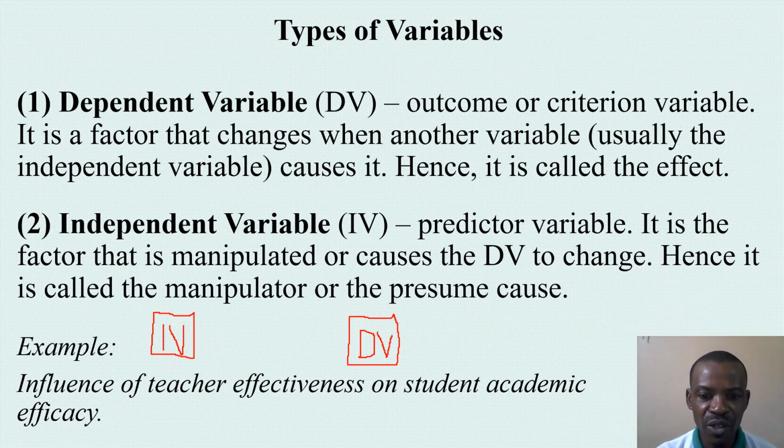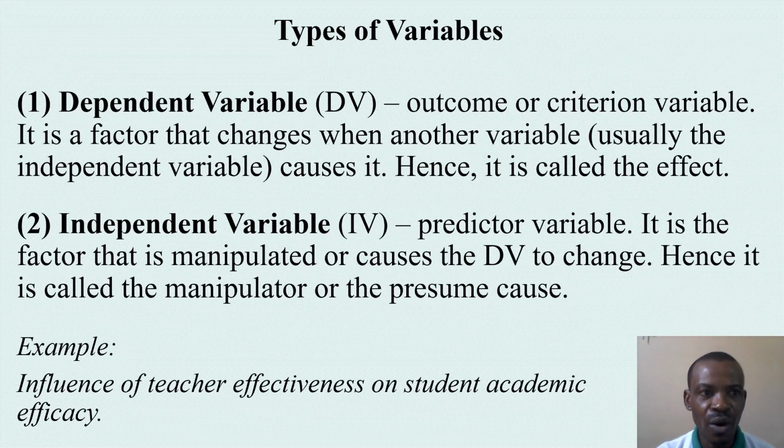But for the benefit of this lesson, just begin to get insights on conceptual models. Looking at the model I've just drawn here, we can say that the IV impacts on the DV, and that is why it is a one-headed arrow. In this case, we can say that the DV is regressed on the IV. So this is a simple model that can explain the relationship between IV and DV.